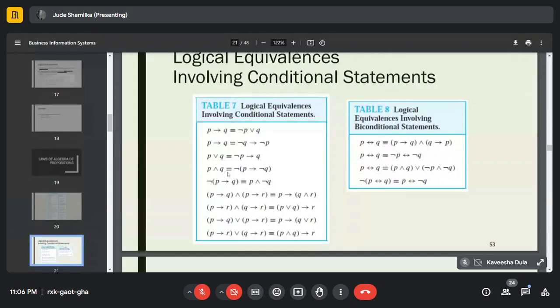The fourth one from the first. So p connected by the connective conjunction, p conjunction q, is the equivalent of p implies not q, the whole expression's negation.